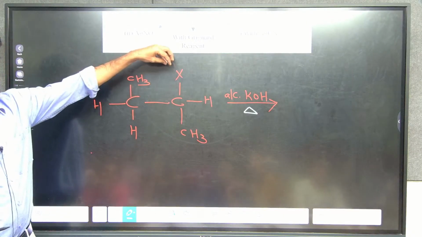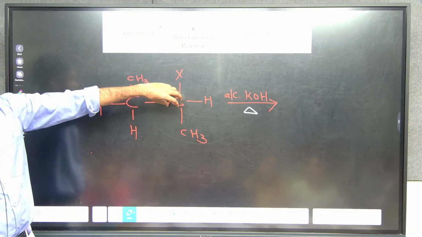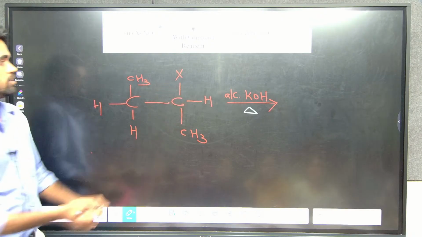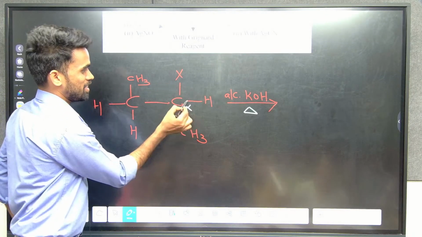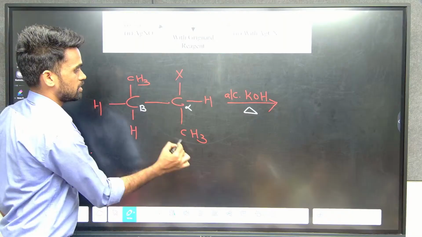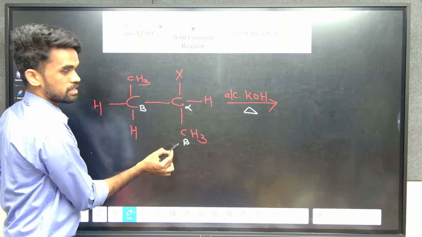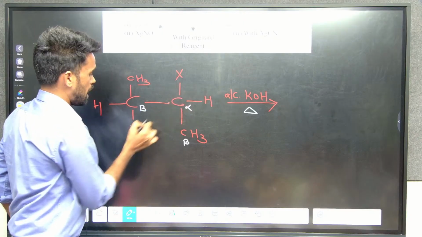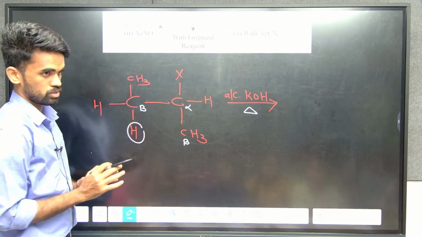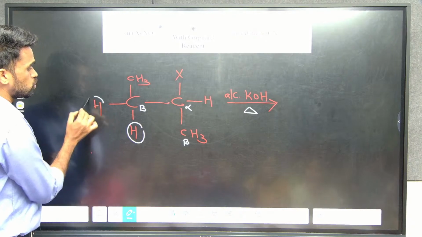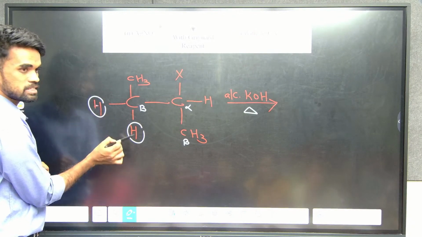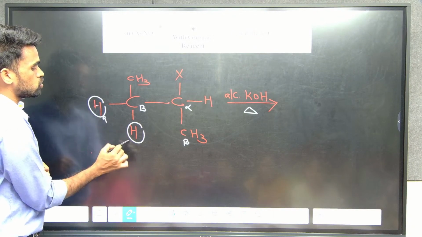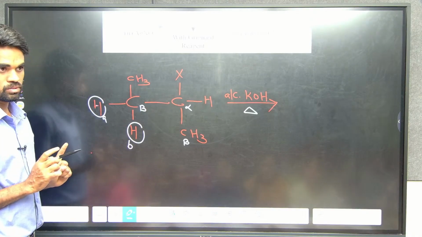See, the halogen-attached carbon is called what? Alpha carbon. Adjacent carbons are called? Beta. How many beta carbons are there now? 2. Now the halogen atom and a beta hydrogen are removed. Here there are 2 beta hydrogens, this is beta, this is also beta, but out of these 2 I can only remove one.